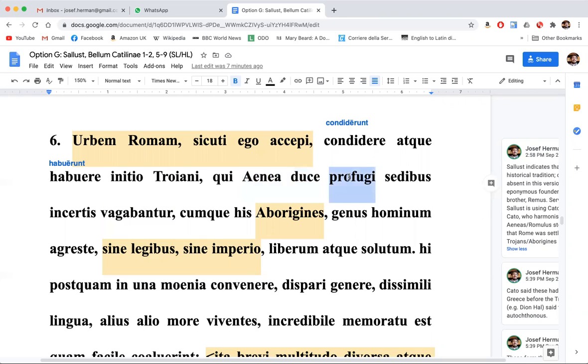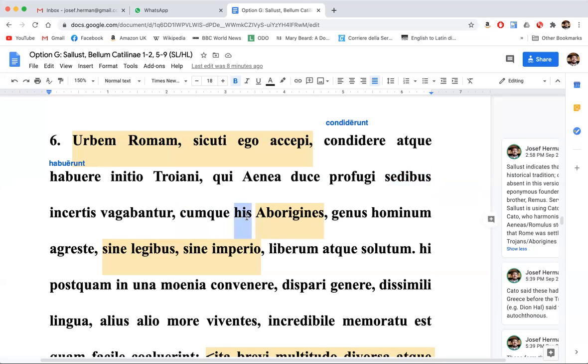Profugi, as refugees. And then we have an ablative phrase, sedibus incertis, with uncertain homes, right? And they are refugees because they are fleeing the city of Troy that has just been sacked by the Greeks, according to legend, which Sallust seems to accept. Cumque his, and with them.